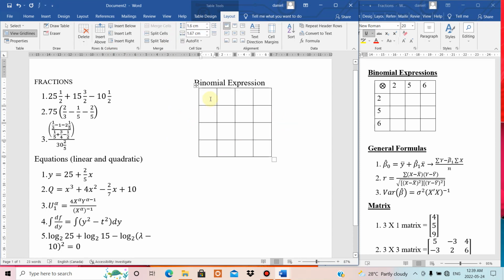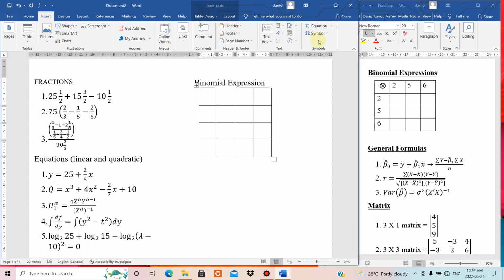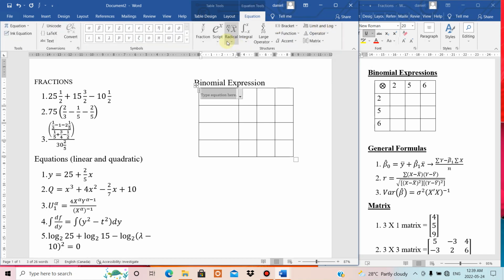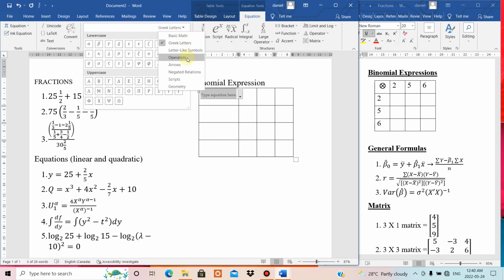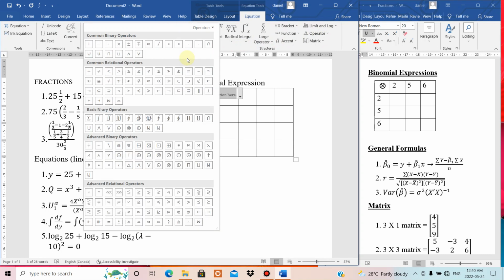Now I can introduce my operation sign as a star or a plus. So you go to insert, equations. Now at your symbols, you change to operations, that's operators, and I'll move down to the basic operators. So you can see that I have my operation star here and the operation plus sign here.